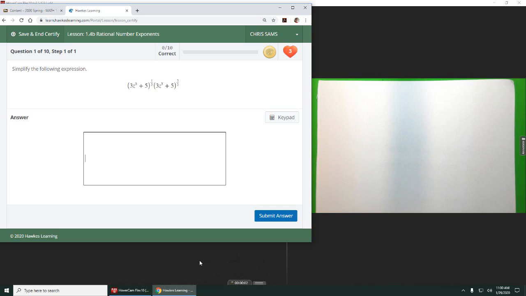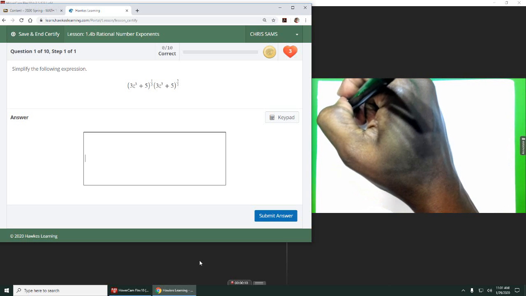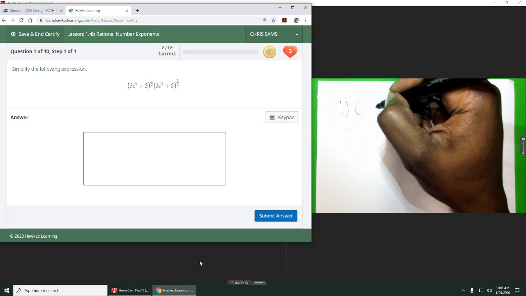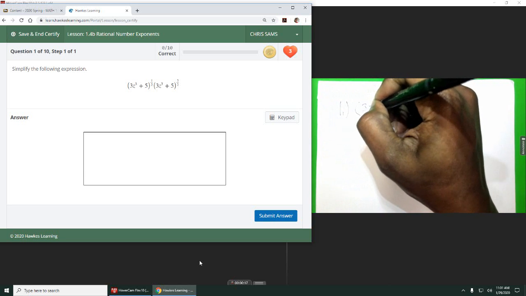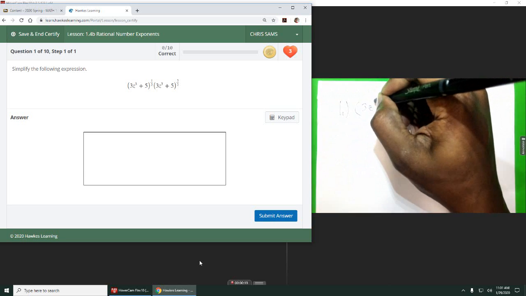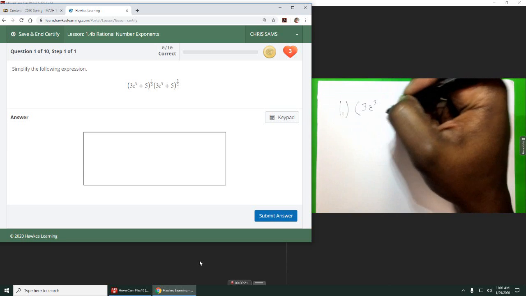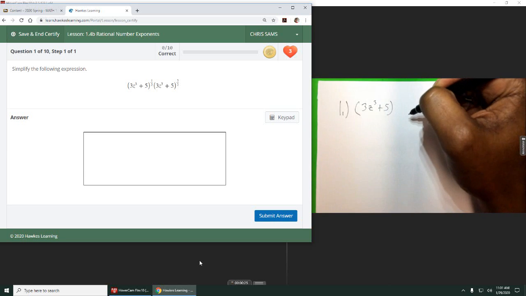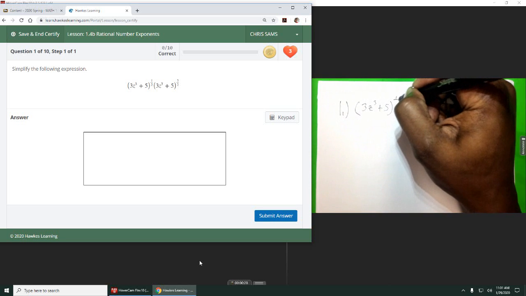All right, so 1.4b, again, this is rational number exponents. First, I want you to recall some properties of exponents. So with problem number 1, we are given the quantity 3z raised to the third power, or 3z cubed, plus 5, all in parentheses, raised to the 1/2 power.